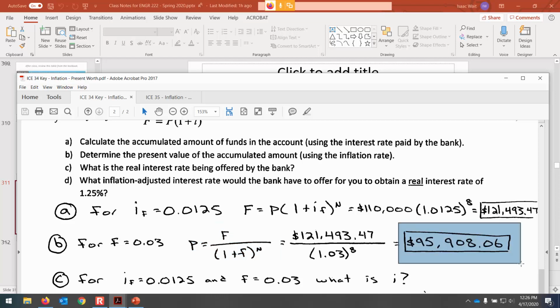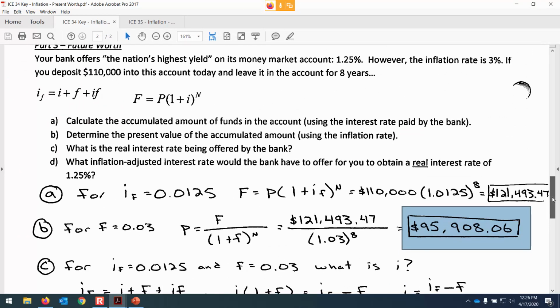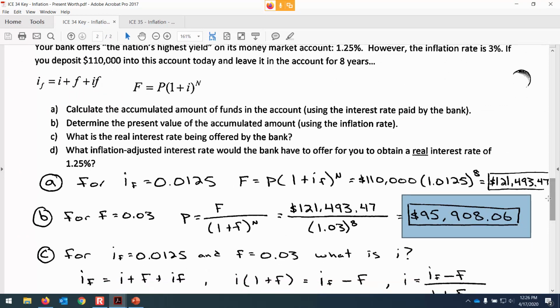95,908. And so now it doesn't seem like such a good deal, because how much did we deposit to begin with? You deposited 110,000. So 110,000 turning into 121,000 sounds great, except that it's actually like losing money.